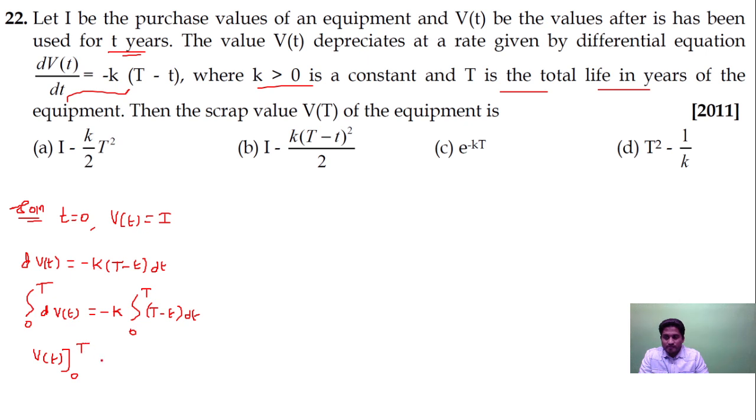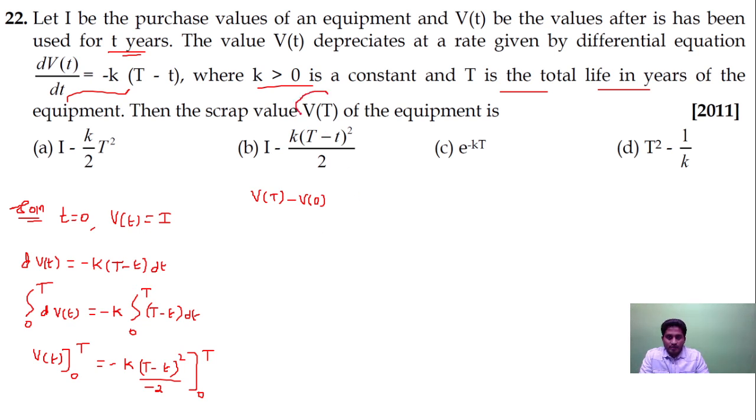Now this is equal to v of t between the limits 0 to t, is equal to minus k times, integration of x is x square by 2. So this is t minus, integration of t is t square by 2, coefficient of t is minus, so divide by minus, between the limits 0 to t. Now if I substitute, this is equal to v of t minus v of 0. That's what I'm supposed to find out.